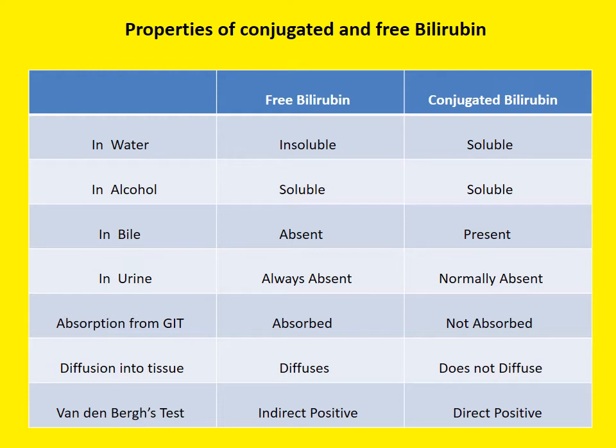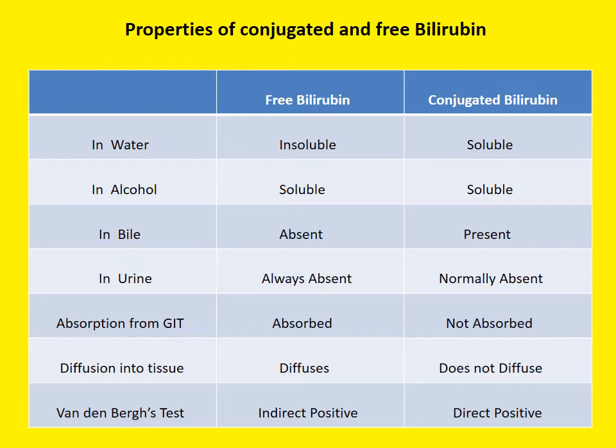Before going to inference regarding the charts, we should know some common properties of conjugated and free bilirubin. Conjugated or direct, free or unconjugated bilirubin.